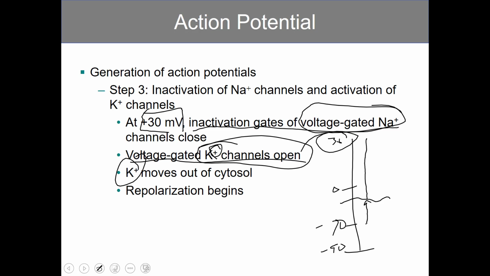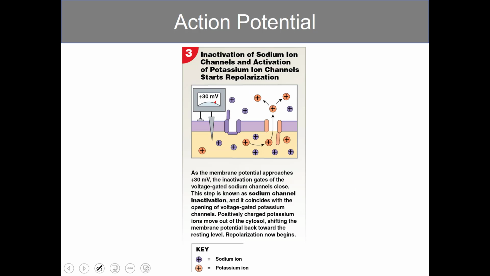It is now positive 30. Like charges repel, so potassium is going to be further driven out via an electrical gradient, and that triggers repolarization. As potassium floods out, we're going to go from positive 30 to a more negative number, and that is repolarization.